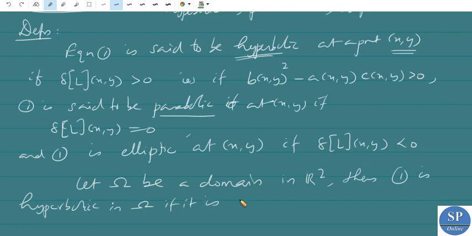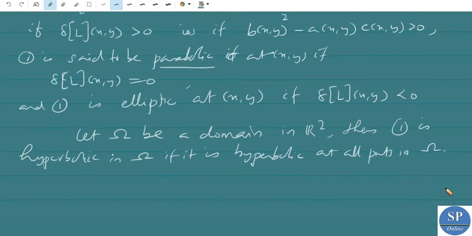Similarly, we can say that the given PDE 1 is parabolic in omega if it is parabolic at all points in omega, and it is elliptic in the domain omega if it is elliptic at all points in the domain omega.